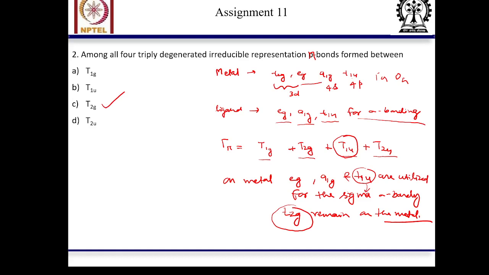Among all four triply degenerate irreducible representations, the pi bond is formed between the T2g orbital of the metal and the T2g orbital of the ligand. Only T2g will form the pi bonding between the metal and ligand.